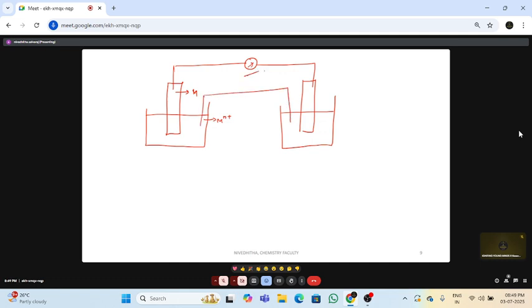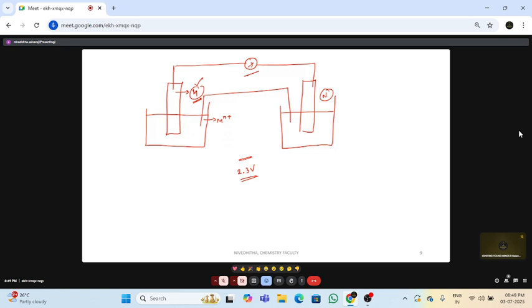Here I can measure the cell potential, but the problem is, for example, I'm getting the cell potential as 2.3 volt. But this 2.3 volt is contributed by both of these. But we have to know the electrode potential of only metal M. But we don't know how to do that, right?